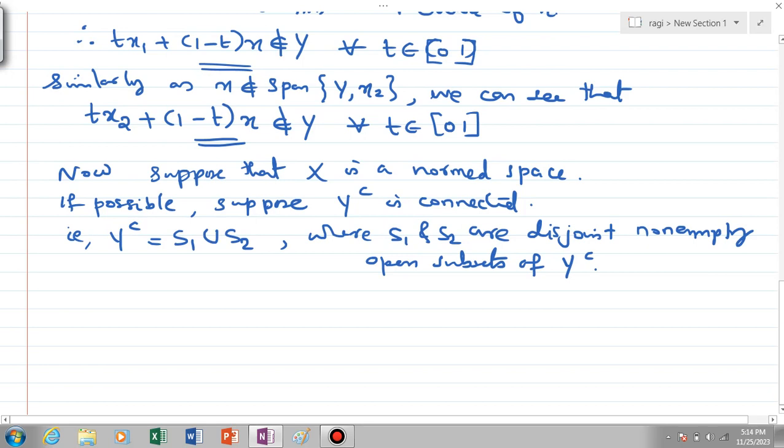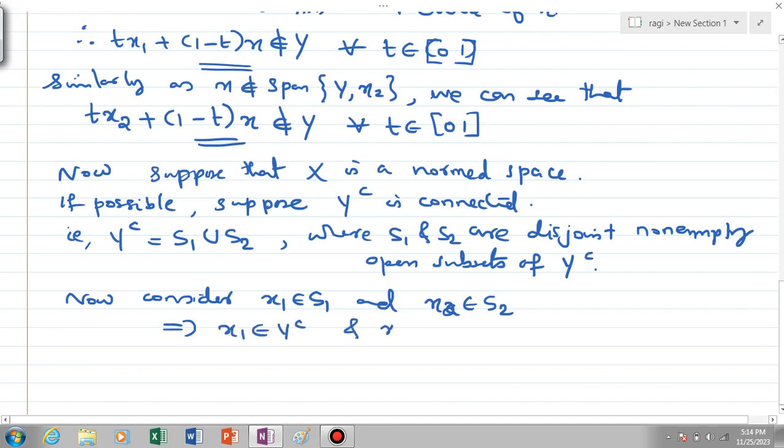Now consider a point x1 element of S1 and x2 element of S2. Then x1 is an element of Y complement and x2 is also an element of Y complement.